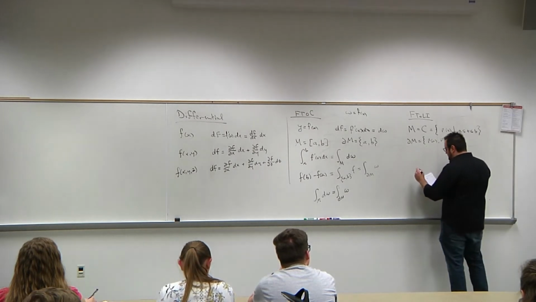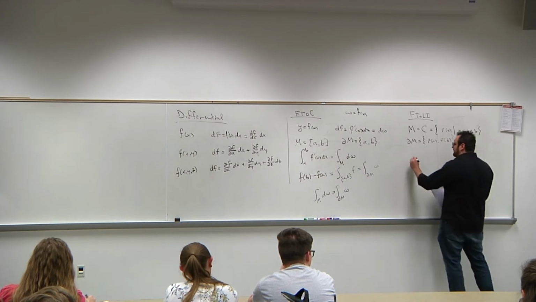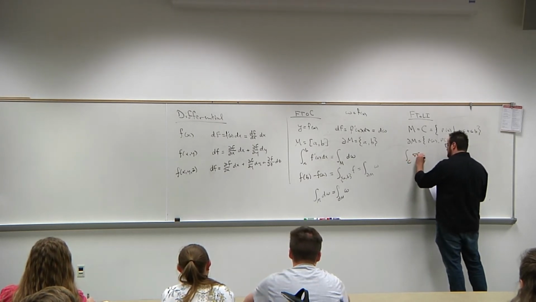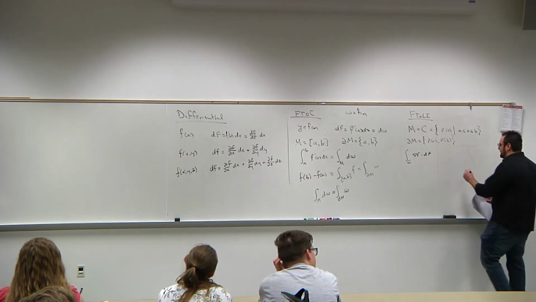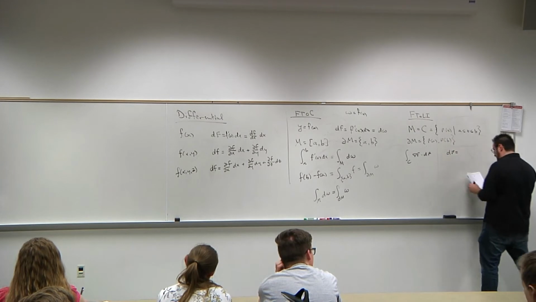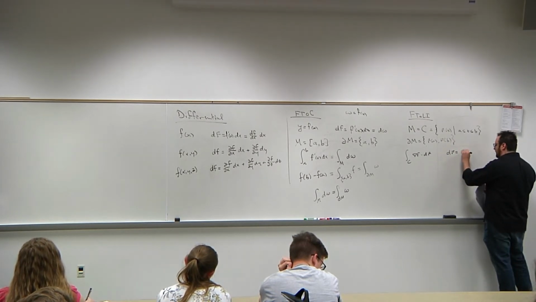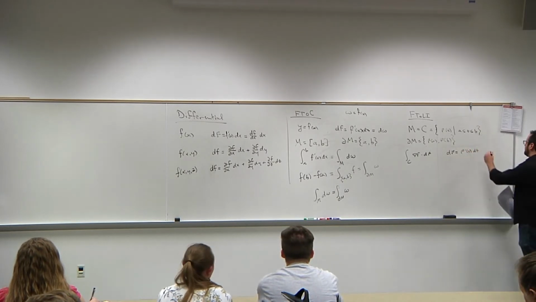Okay. Now we also need to take a look at some other components here. When we do this line integral, we're going to have something that looks like this, right? So we need to talk a little bit about what dr is. You may remember? It's r prime of t dt, right? But r is what?